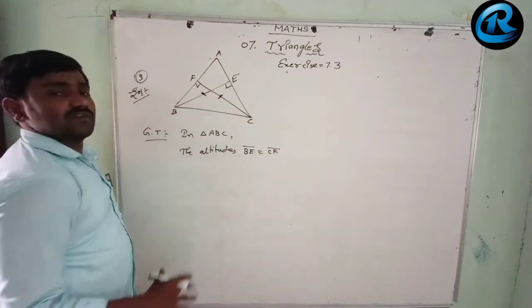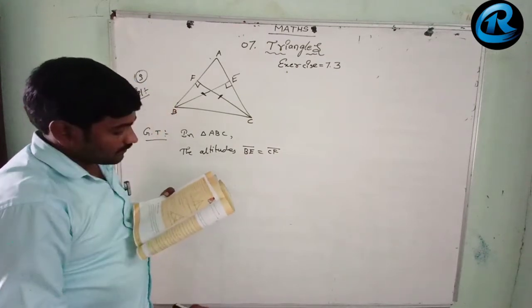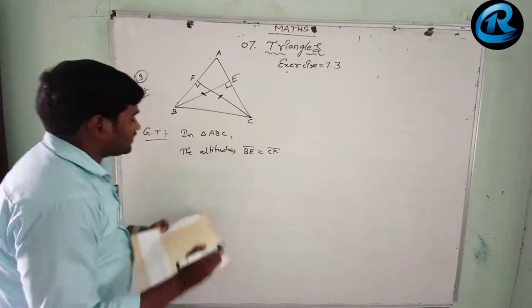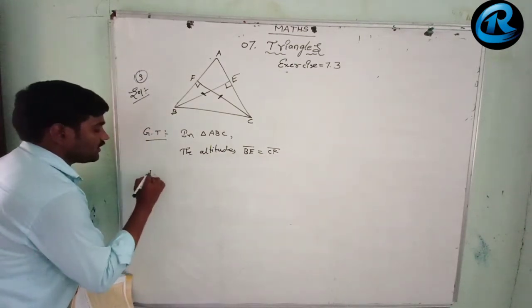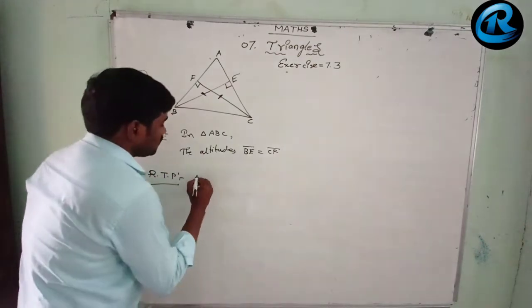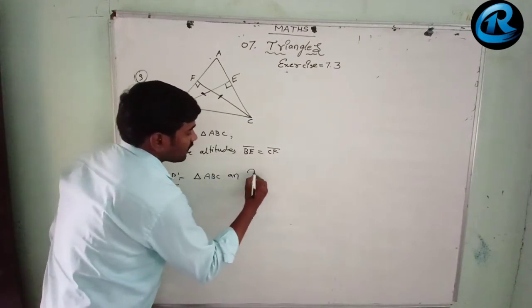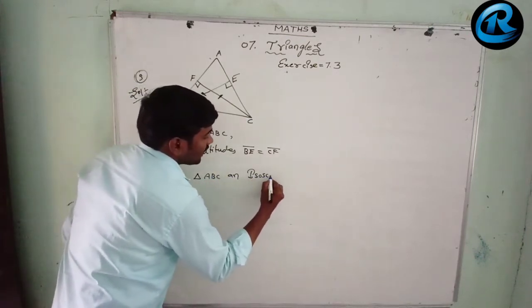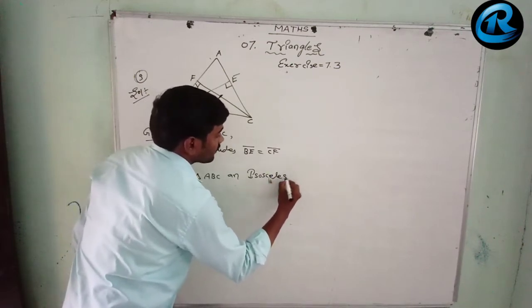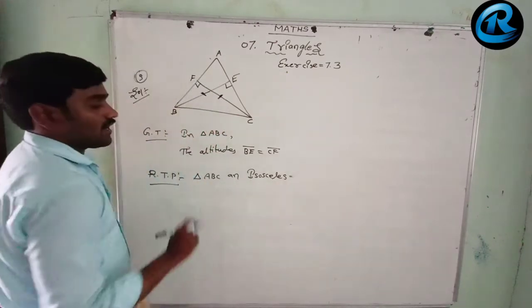Then by using the RHS rule, show that triangle ABC is an isosceles triangle. So here RTP, we have to show by using the RHS rule that triangle ABC is an isosceles triangle. Okay, triangle already written here.